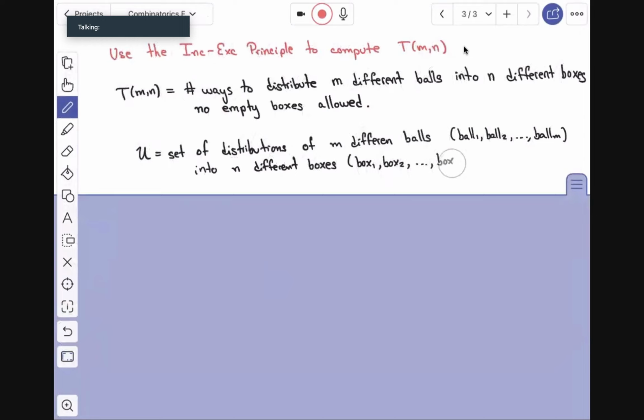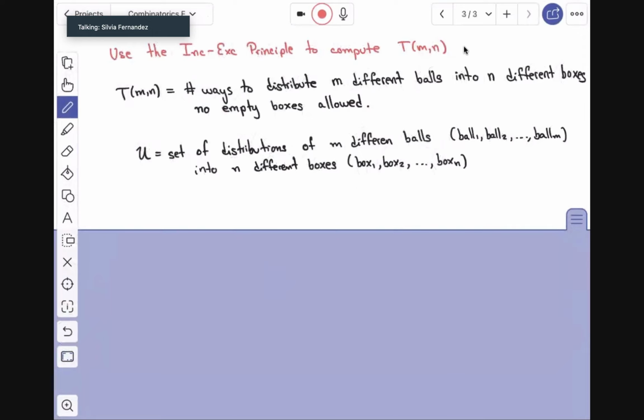And so I'm going to define my sets. AI is going to be the set of distributions. So here I'm going to add a restriction.